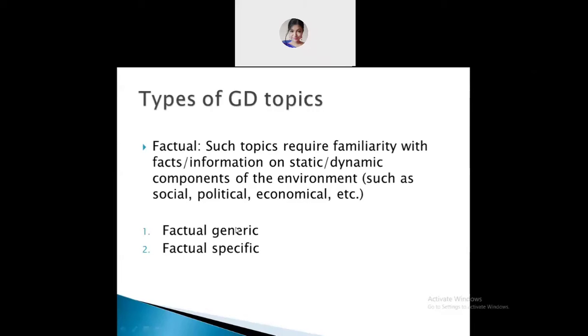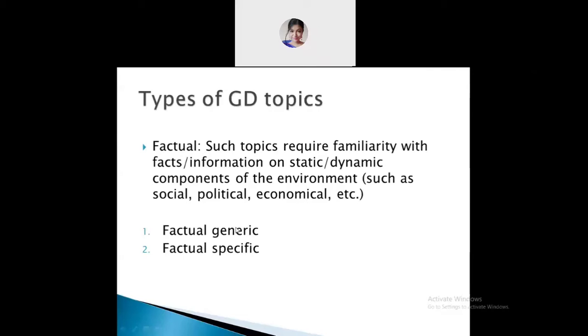In a debate, we put forward our arguments, whereas in a group discussion, we have a discussion on the given topic. Discussion and argument are totally different from one another, aren't they?